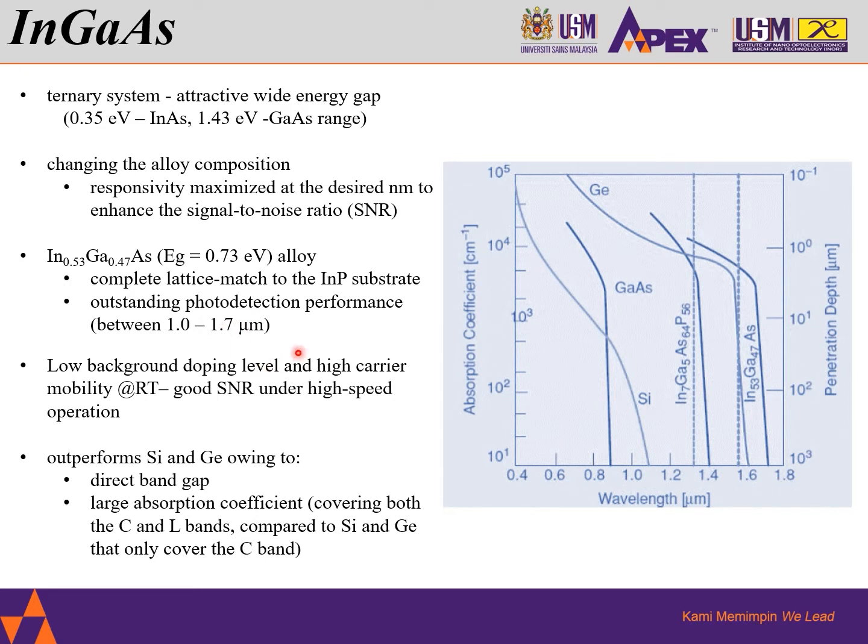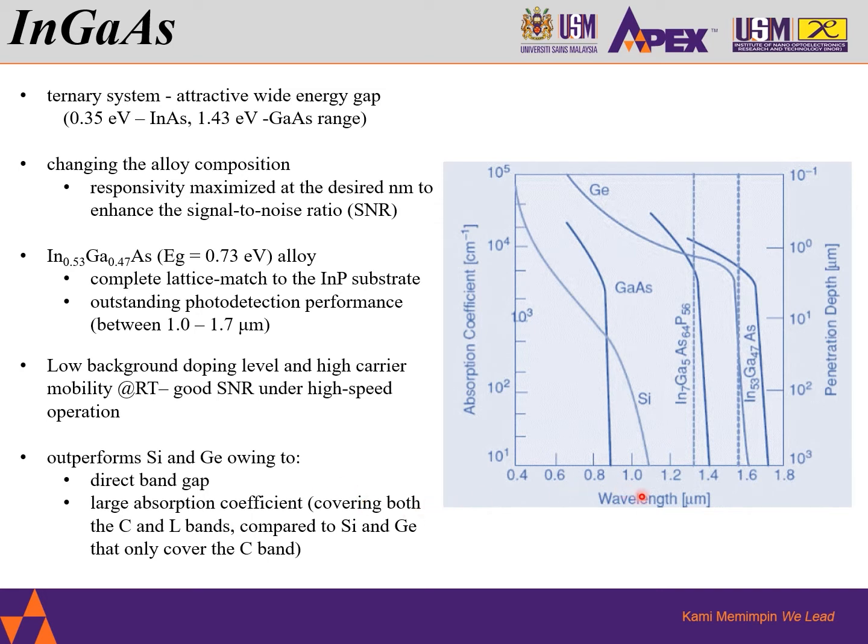It has a low background doping level, and high carrier mobility has also been achieved for the system at room temperature, giving a good signal-to-noise ratio, SNR, under high speed operation. In optical communications, PDs based on indium gallium arsenide currently outperform silicon and germanium owing to their direct bandgap and relatively large absorption coefficient, making them capable of covering both the C and L bands, compared to silicon and germanium that only cover the C band.